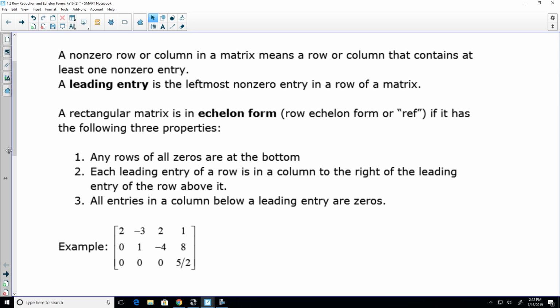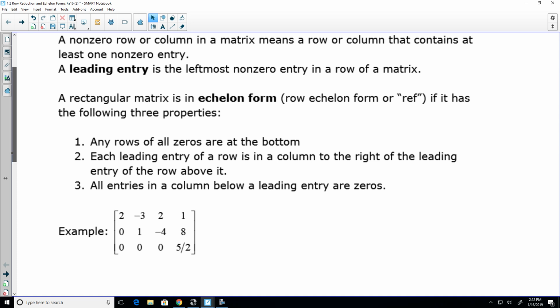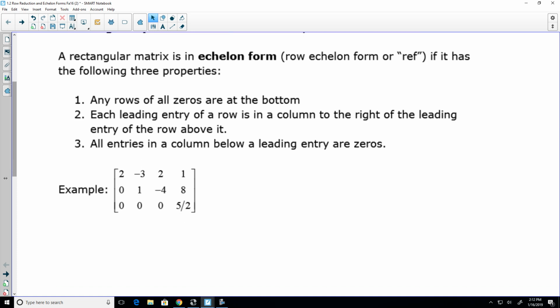Okay? So it's in row echelon form if it has this property, or all 3 of these properties. Any rows of all zeros are at the bottom. So if you have a row of zeros, you have to switch the rows around until it's at the bottom. Each leading entry of a row is in a column to the right of the leading entry of the row above it.